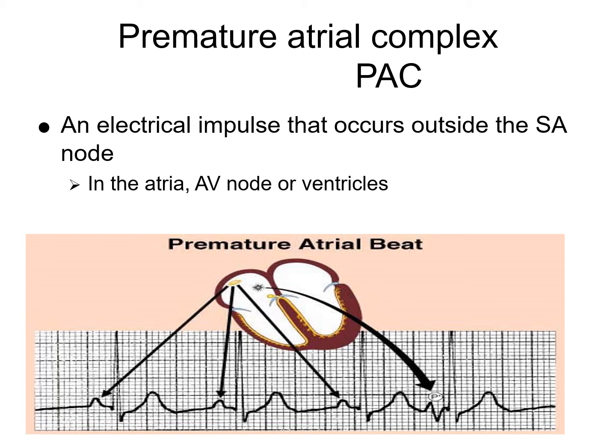So these are generally benign. It shows up earlier than the next expected beat. The rate is typically normal. The underlying rhythm is typically regular with premature early beats. The atrial depolarization is coming a little premature, occurring before the next normal P wave.